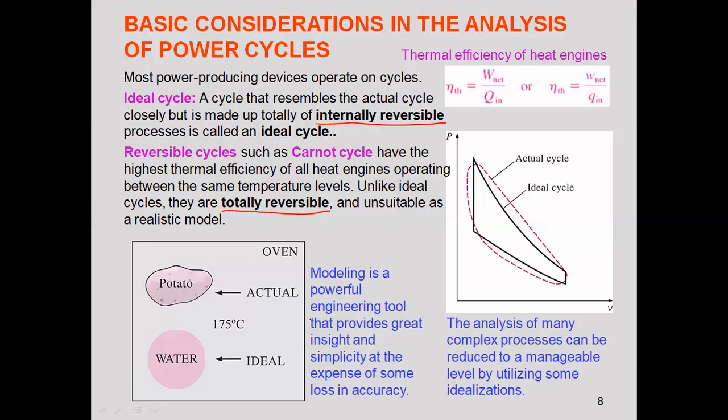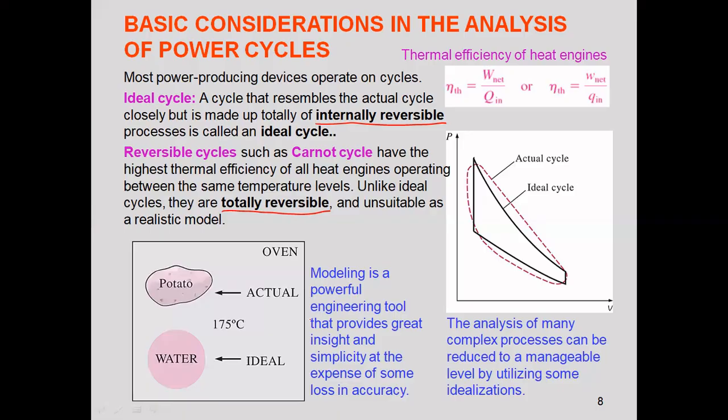And totally reversible means, if we try to recall the definition of a reversible process: a reversible process is one which, after having taken place, can be reversed without any trace either in the system or in the surroundings. That is the remarkable definition of a reversible process.